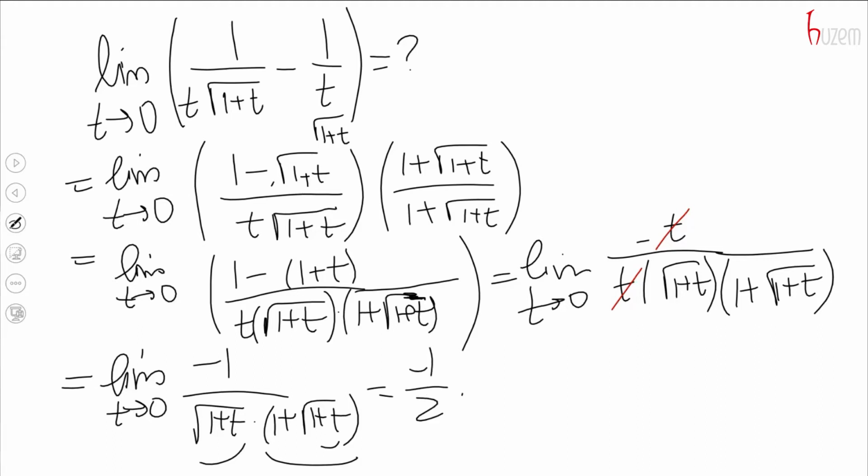So this is what we have for this limit, negative 1 over 2. You see, after some algebraic manipulations, we can remove the difficulties that we face initially, and we can find a better and easier way to find the limit values for such expressions.